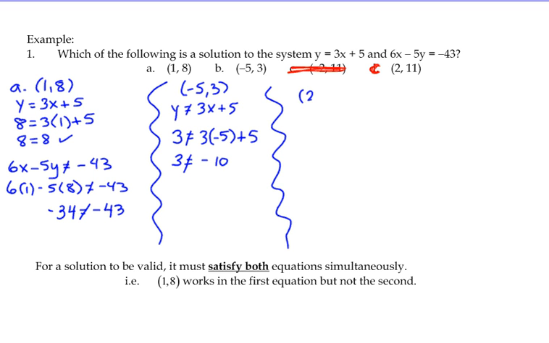Okay, 2 and 11. So the first equation, 11 should equal 3 times 2 plus 5. 3 times 2, 6 plus 5 is 11. Yeah, that's true. So it's on that line.